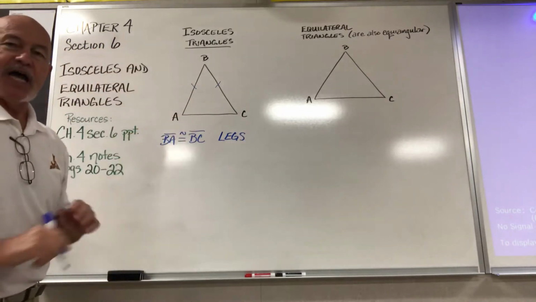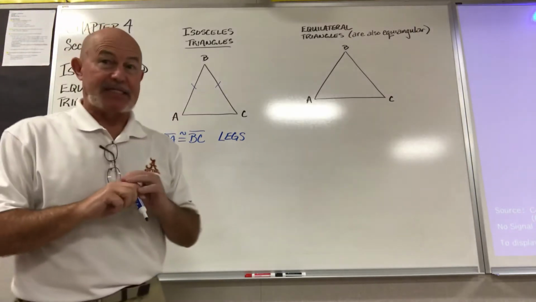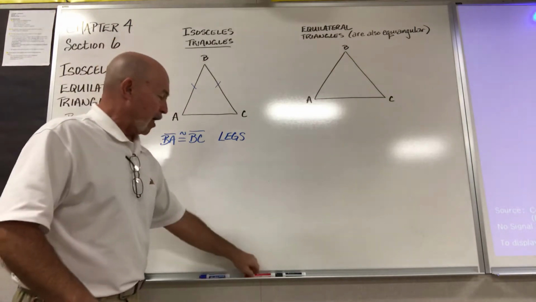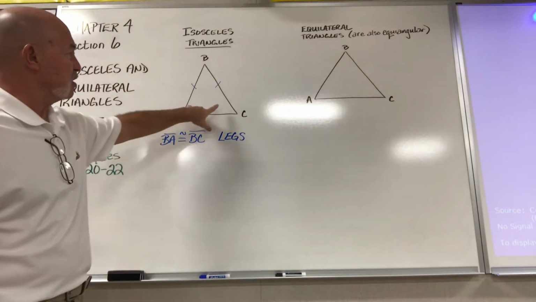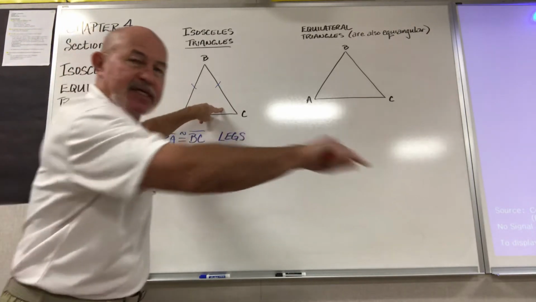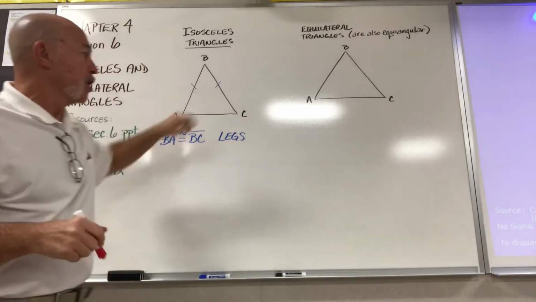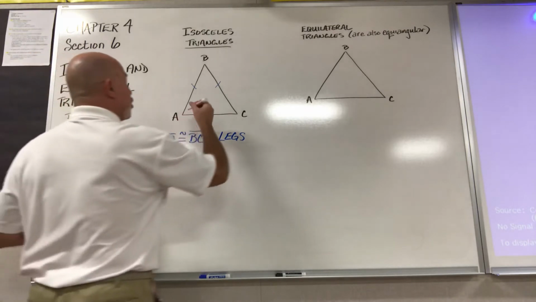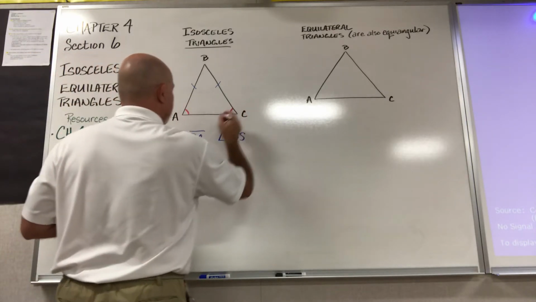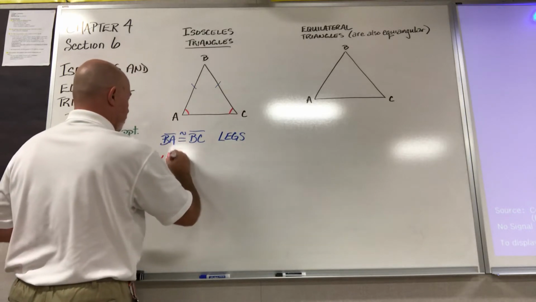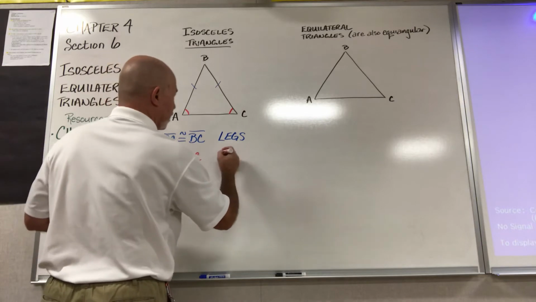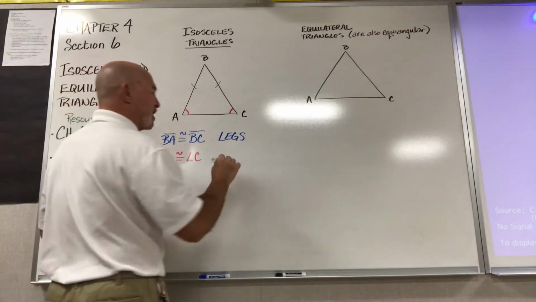The other side is called the base. Now, in that isosceles triangle, the two angles that are opposite, across from the equal sides, are equal to each other. They are called the base angles.